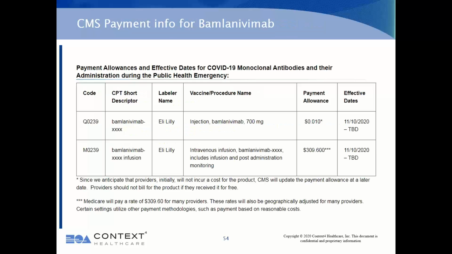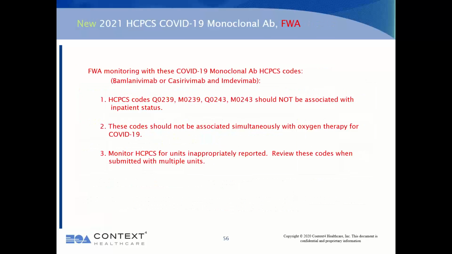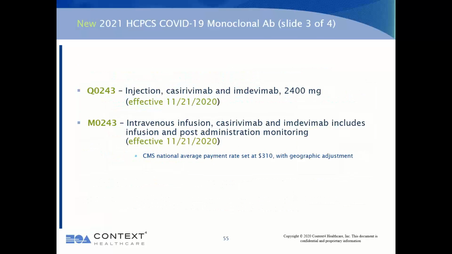We don't yet know what payment CMS will allow for bamlanivimab injection, but we do know that when it's infused, CMS will allow approximately $309. 2 more monoclonal antibody HCPCS codes for COVID-19 were added November 21st, 2020, the date the FDA issued an EUA of this unapproved product, casirivimab and imdevimab.